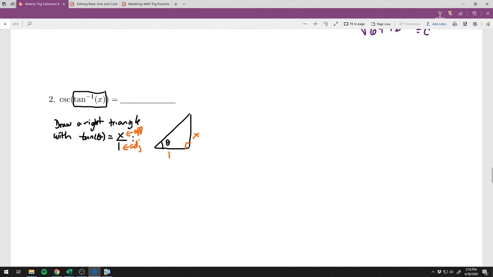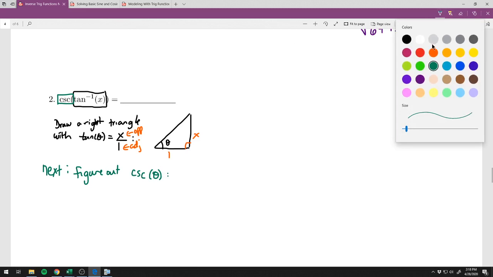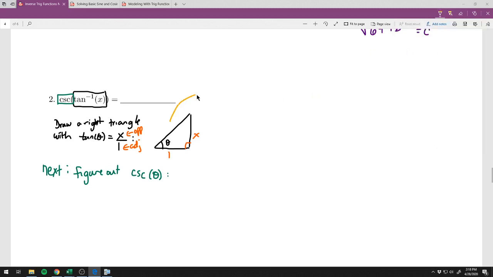Now we want to do cosecant of theta. So we need the hypotenuse. And we do that exactly like last time. We want to figure out the hypotenuse, and we do that using the Pythagorean theorem, a squared plus b squared equals c squared.